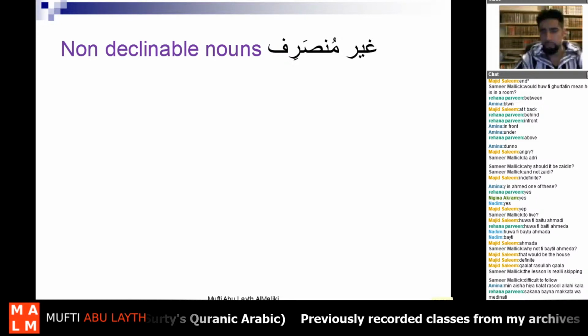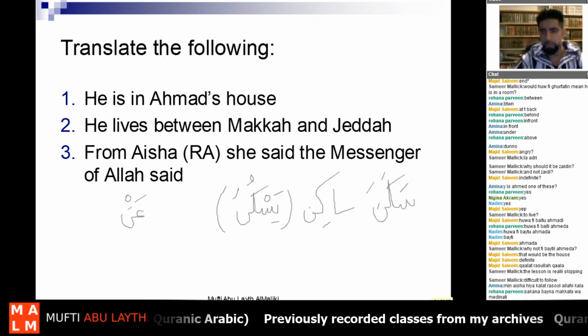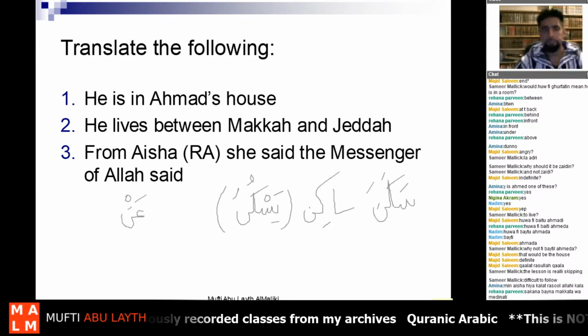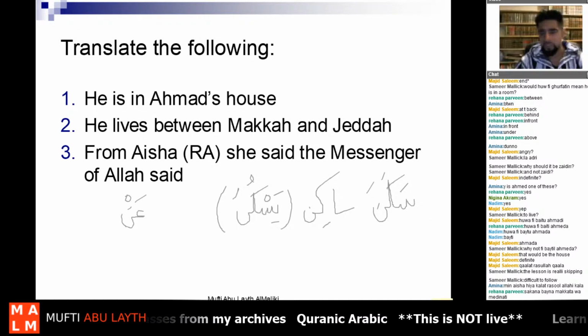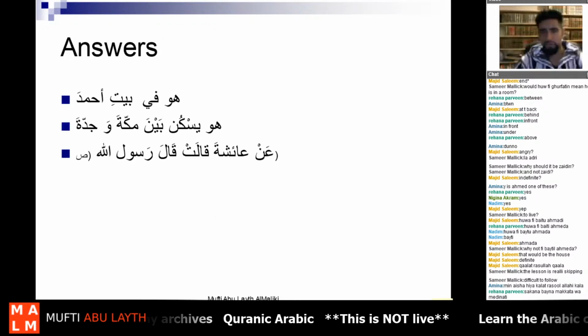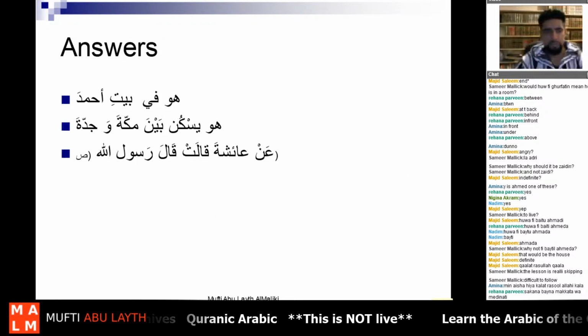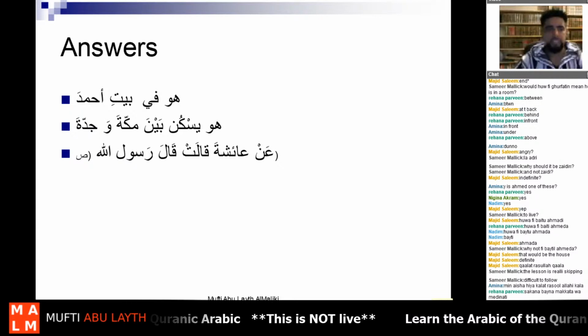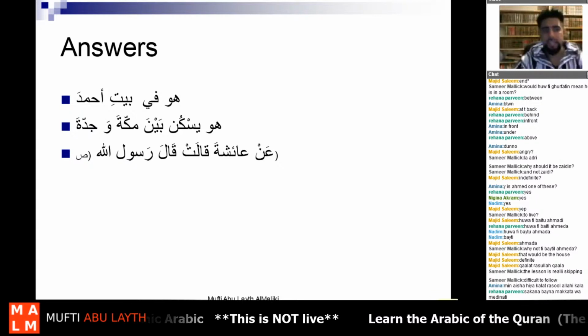And also once again reminding ourselves of certain rules of construct phrases. When we're using a construct phrase, which is called an idafa in Arabic, which we did in the previous session, when you're making a possession, the first word in Arabic, as you can see on this chat function which Junaid has written here, and if I move it onto the example here, huwa fi bayti Ahmed, this can never have al.